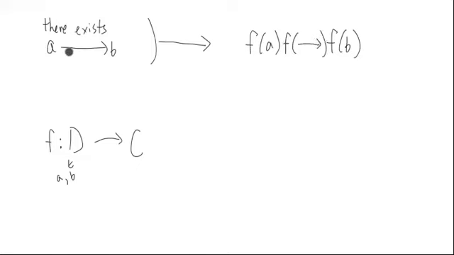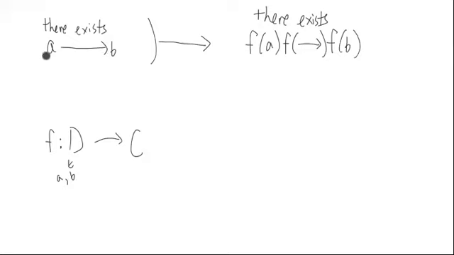So the whole structure is transferred. This whole diagram AB is transferred to a diagram over here. We're taking the image of the arrow, the image of A and the image of B, and this statement, there exists, is also true. So the function preserves a structure if this statement turns into this statement.